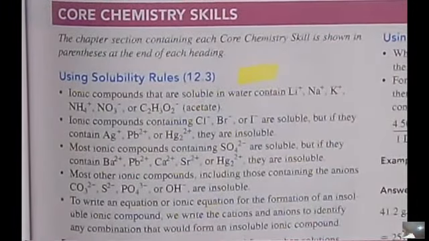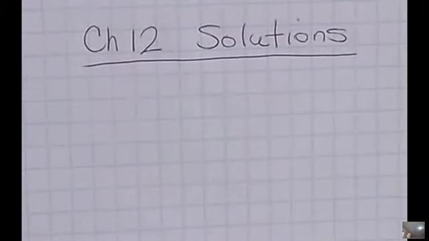All right, so the first thing we want to talk about in terms of solutions is just the general concept and three terms. When we mix things together, we can ask ourselves, how are those things mixed? If those things are mixed all the way down to the individual molecules or individual ions, then the material or the mixture is said to be a solution.